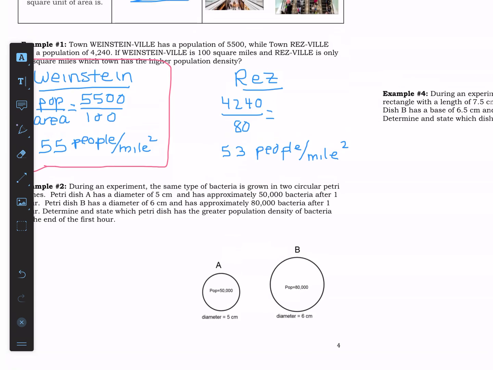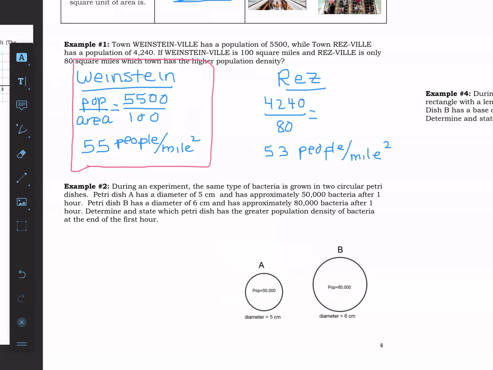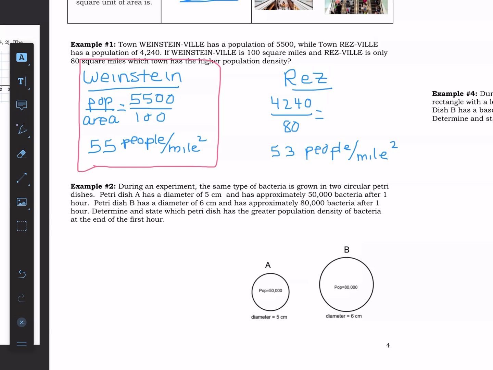All right, so during an experiment, the same type of bacteria is grown in 2 circular petri dishes. Petri dish A has a diameter of 5 centimeters and approximately 50,000 bacteria after 1 hour. Petri dish B has a diameter of 6 centimeters and has approximately 80,000 bacteria after 1 hour.